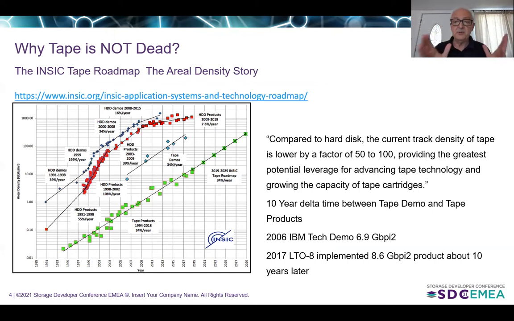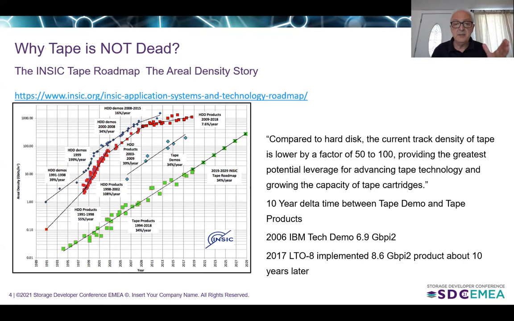Why is this? For instance, Jason says specifically the roadmap. The tape roadmap is published by INSIC. INSIC is a nonprofit institution that develops tape technologies. We write publications about tape, and we publish tape roadmaps.